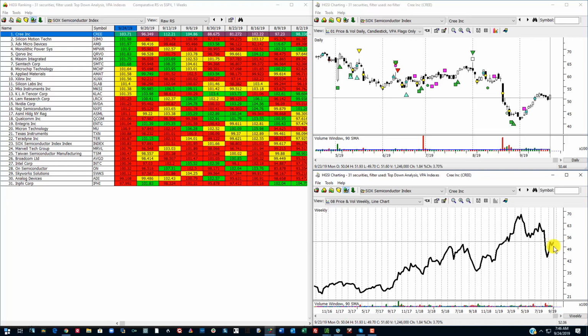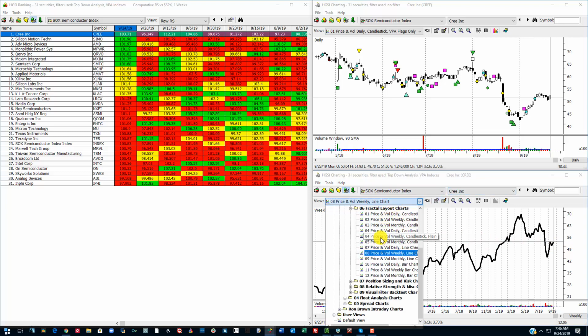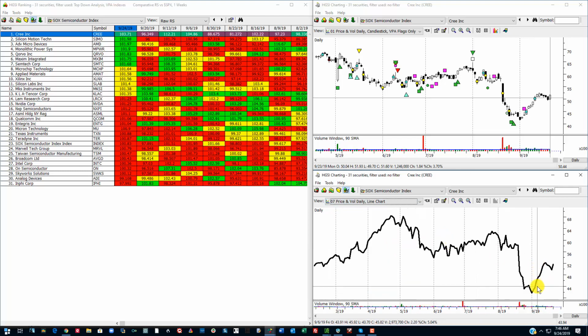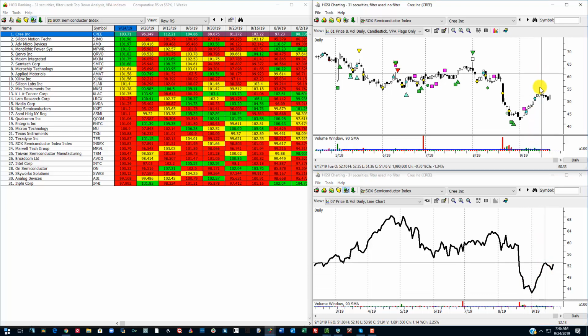It isn't quite there yet on the weekly, but let me change this to the daily chart, the line chart. You can see it a little bit better here. It's getting to the point, if it takes out this high right here, this is going to be a higher low and a higher high.